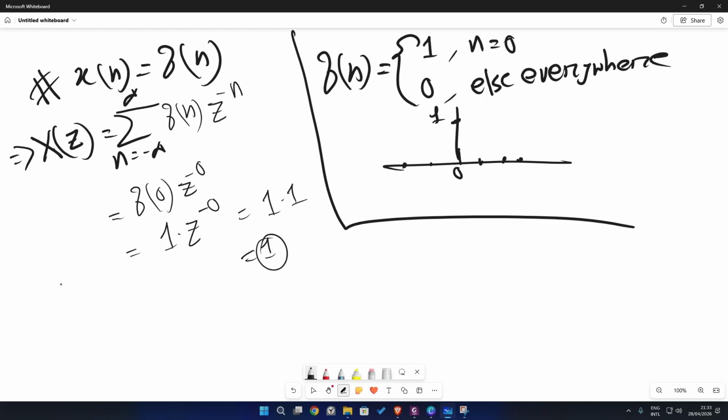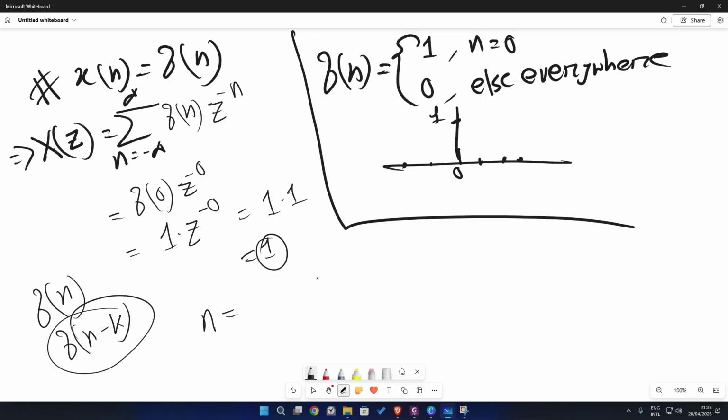Now if we replace delta[n] with delta[n minus k], for what value of n will the whole be 1? Simply n equal to k. If n equals k, then the whole magnitude will be 1. This is very needed for the next method.